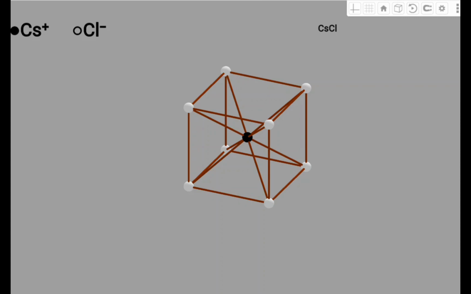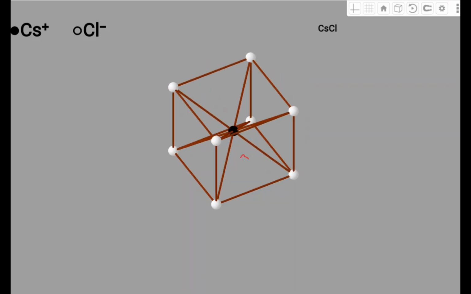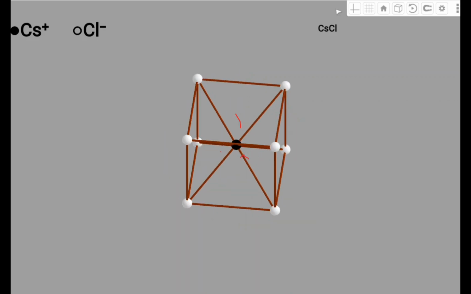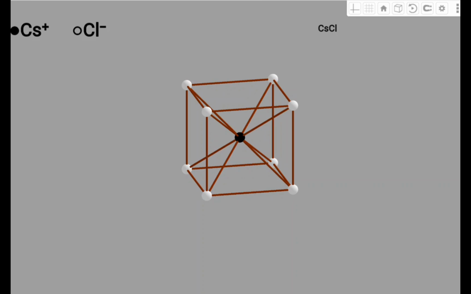Now the basis positions: this one here is cesium, and its basis position is half, half, half, and the chloride ion is 0, 0, 0.